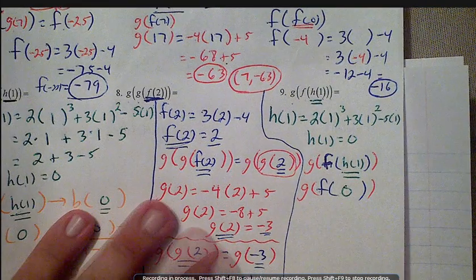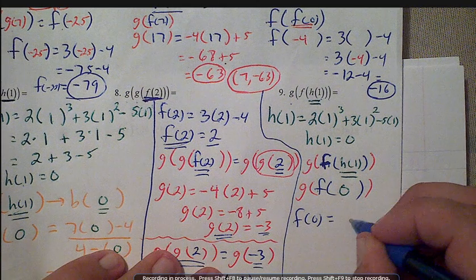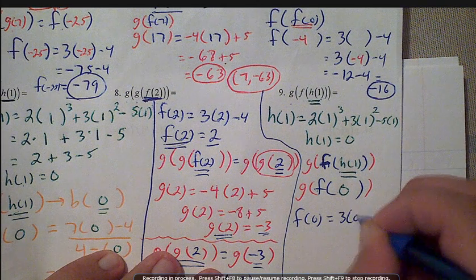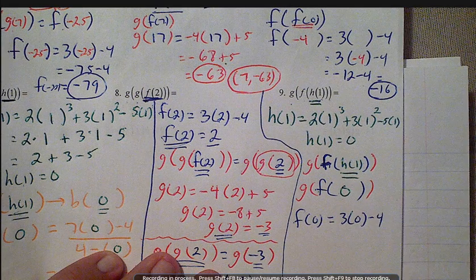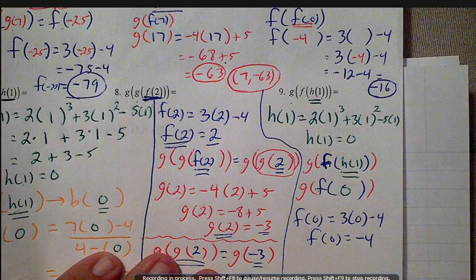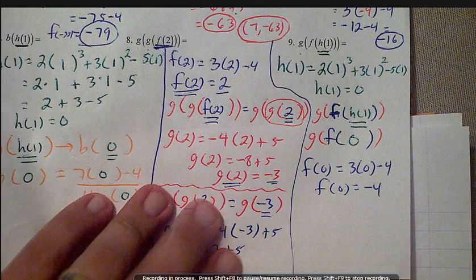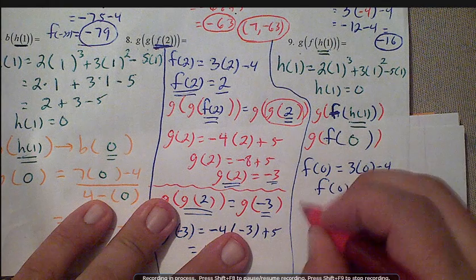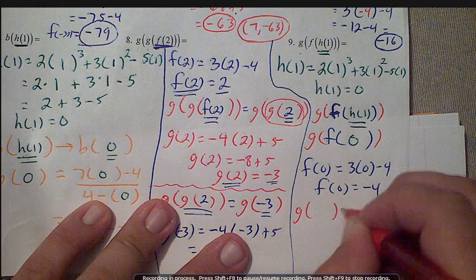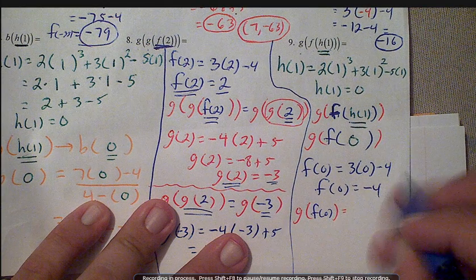So in the second phase, instead of having g of f of 0, it's going to become g of negative 4. Since, again, f of 0 is negative 4, substitute negative 4 in for f of 0. So now our problem is going to be g of negative 4.